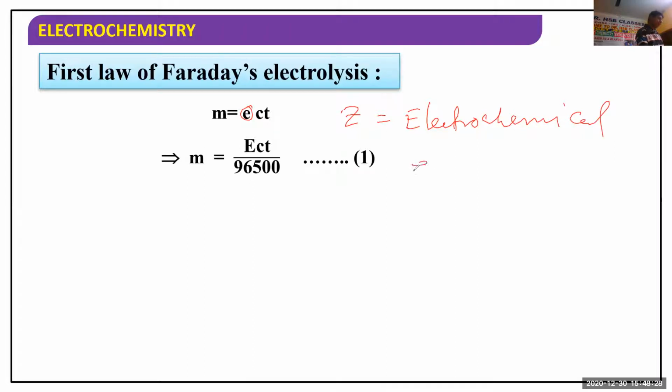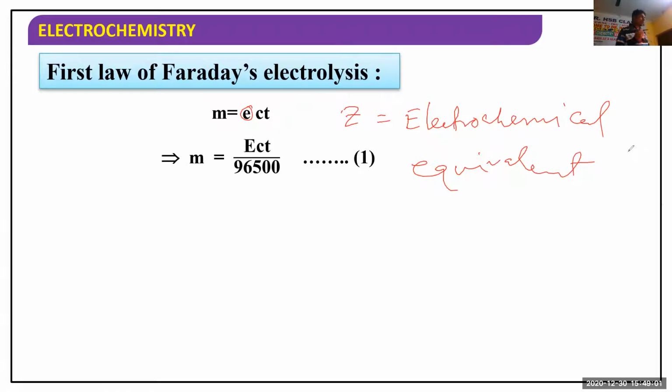So, what is the equivalent weight? You know, equivalent weight is the amount of substance which can combine with 8 gram oxygen or 1 gram hydrogen or 35.5 gram chlorine. That is the equivalent weight.